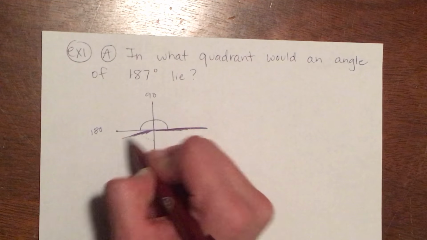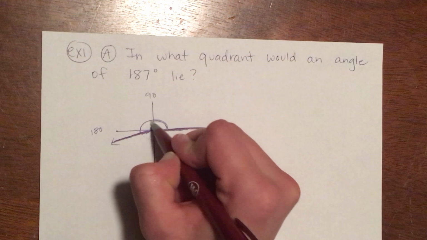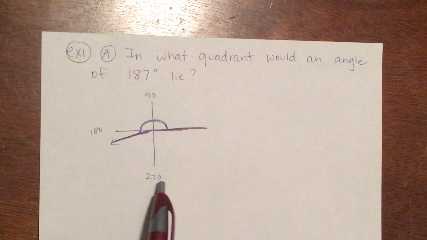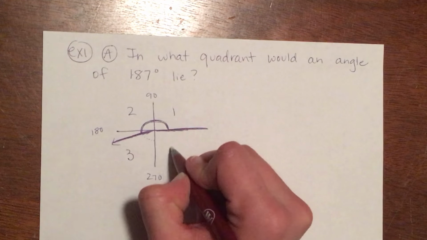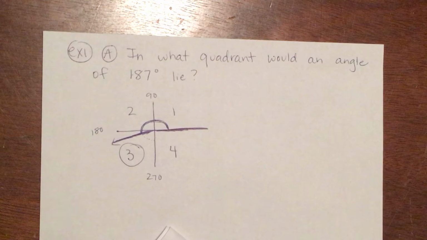You don't really have to draw your angles accurately. Just realize 187 is between 180 and 270. And remember, this is quadrant 1, 2, 3, 4. So our answer here is quadrant 3. Done.